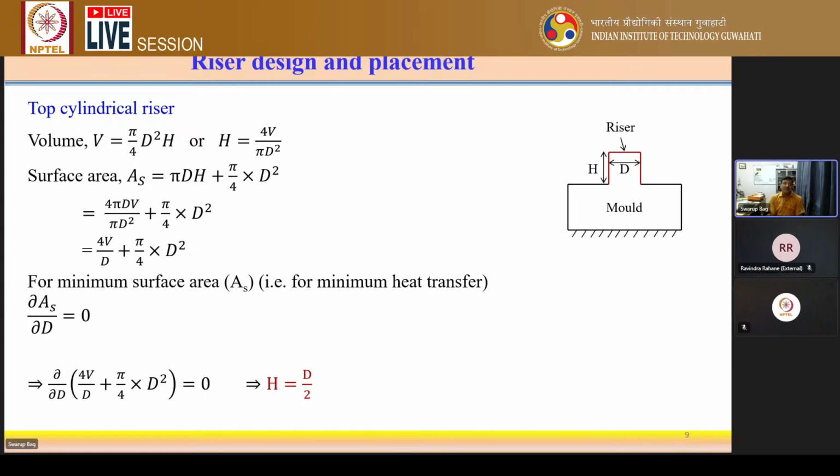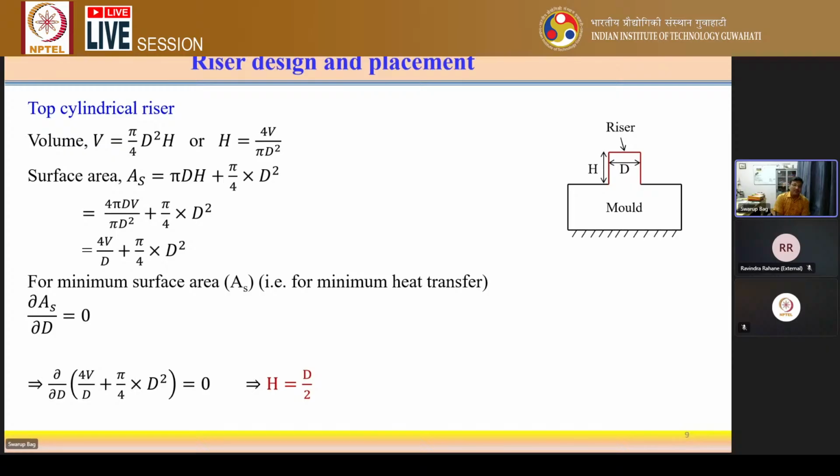Now there are two types. We know the top cylindrical riser, which is useful. We can see what the dimension or design of the riser can be. If we assume a cylindrical riser, we use it because it is easy to manufacture. In this case, for the volume by surface area, the minimum surface area can be produced.